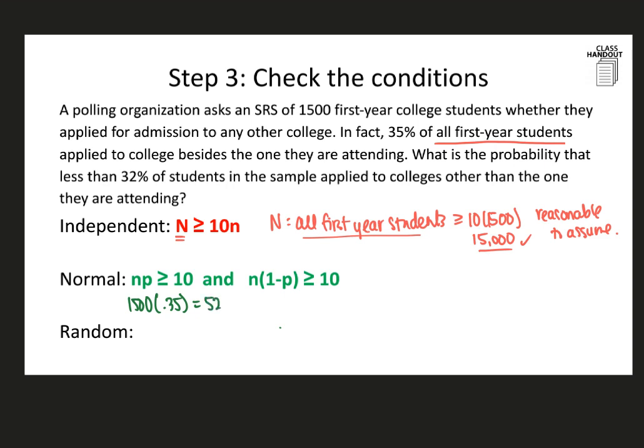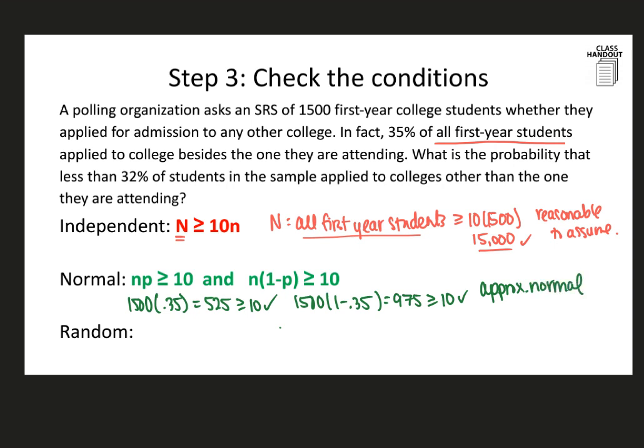So this is basically saying that 525 college students in the sample said that they applied to colleges other than the one they're attending, so that's correct. 525 is greater than or equal to 10, and then we're going to do 1500 times 1 minus 0.35, which is 975. So 975 students in the sample said they did not apply to colleges other than the one they're attending. That's also greater than or equal to 10. So then we're going to say it's approximately normal. So our sampling distribution is approximately normal.